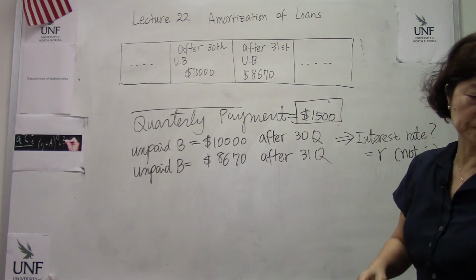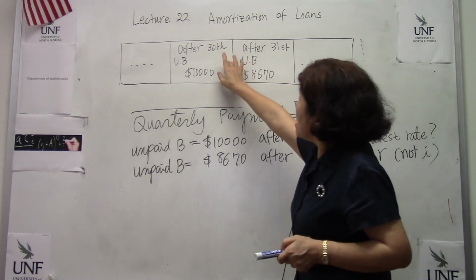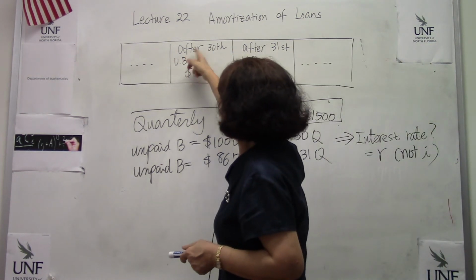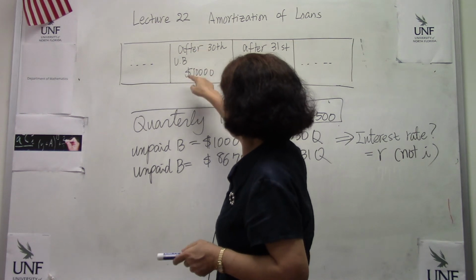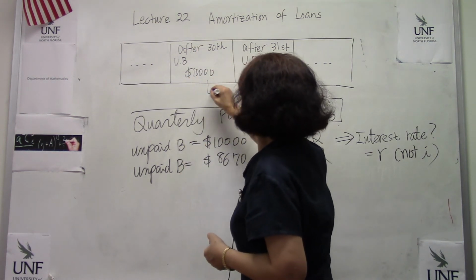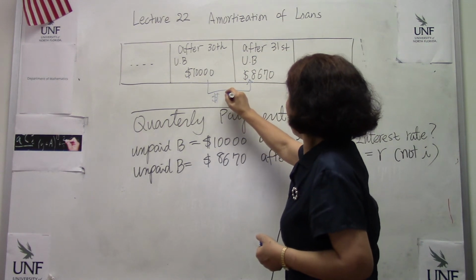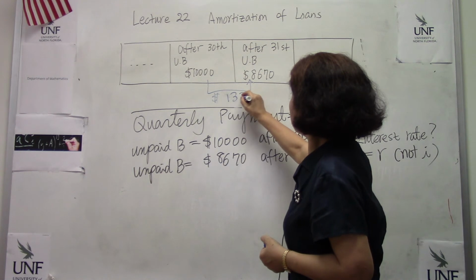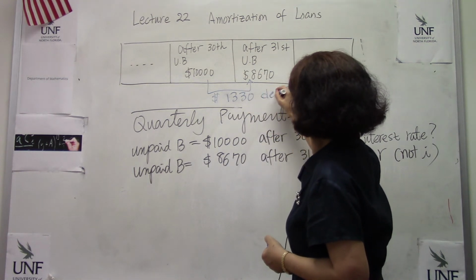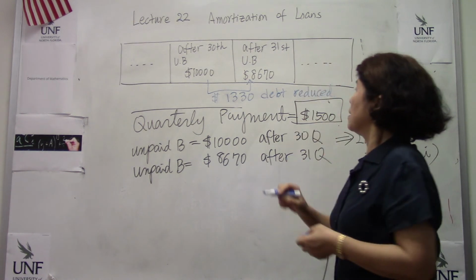So here we go. When you made the payment over here after 30th quarter, when you make a payment, how much debt is reduced? $1,330 debt reduced. Correct?